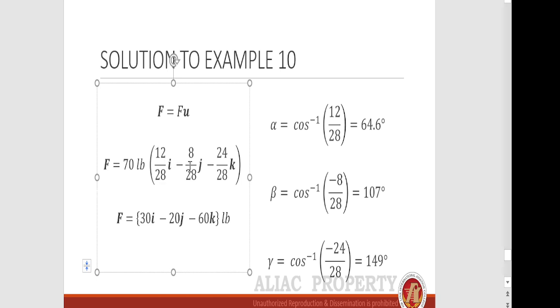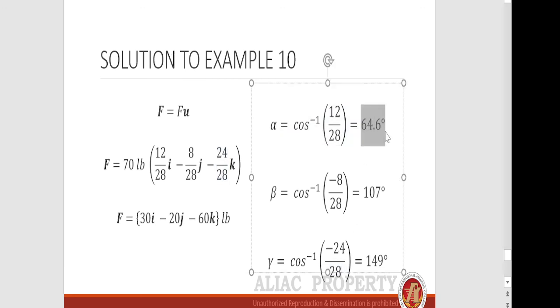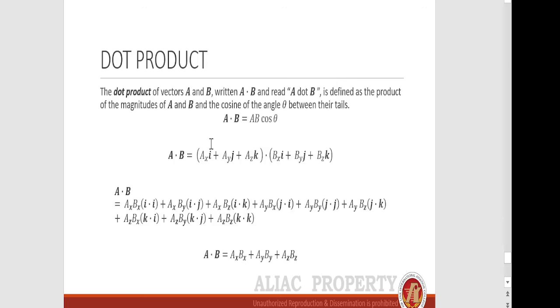For beta, cos inverse of minus 8 over 28. For gamma, cos inverse of minus 24 over 28. You will get these angles: 64.6 degrees for alpha, 107 degrees for beta, and 149 degrees for gamma. So that is the direction.